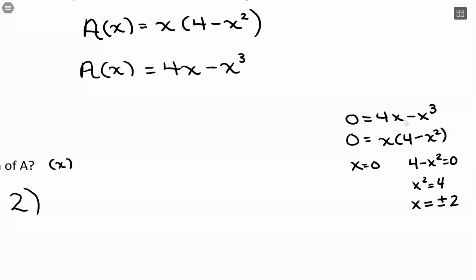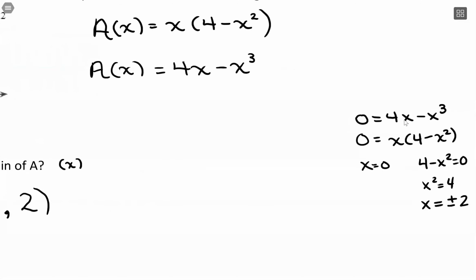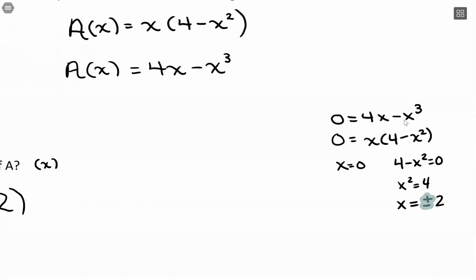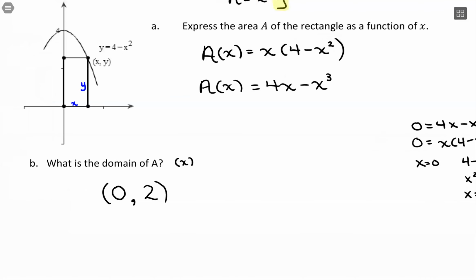However, we can't have a negative 2 here because we're stuck in the first quadrant, so really we have the positive 2. Solving algebraically, we can see the limitations of our x values, and understand how we want to include those endpoints.